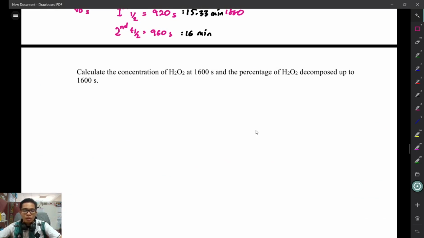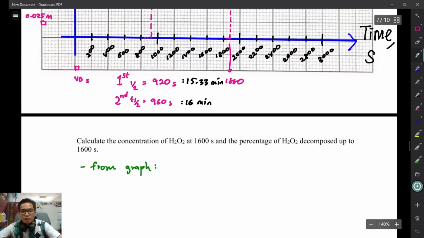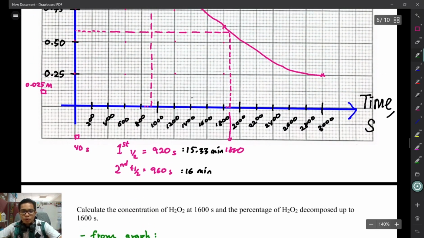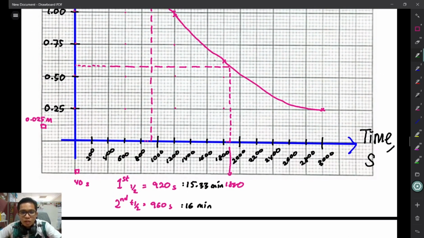Okay, so disuruh calculate, tapi kita buat dulu method by graph. Okay, kalau kita buat from graph, so 1,600 naik sampai sini.